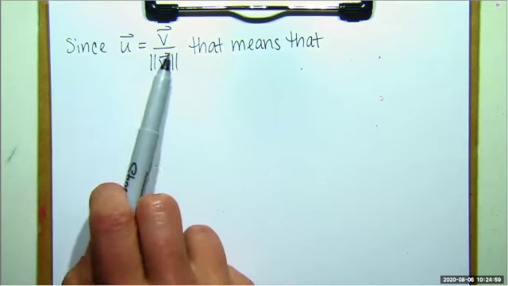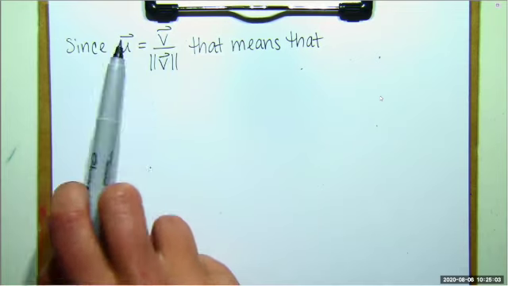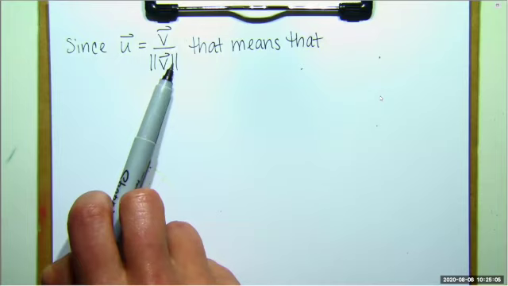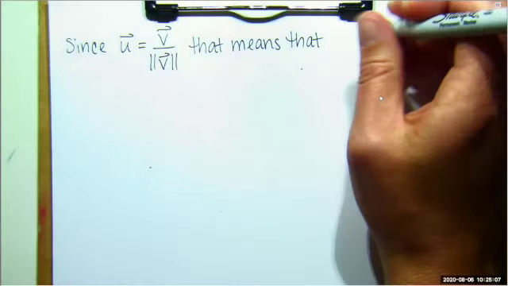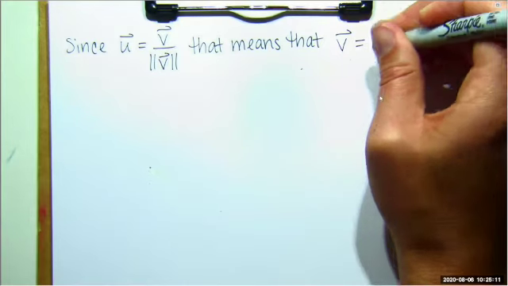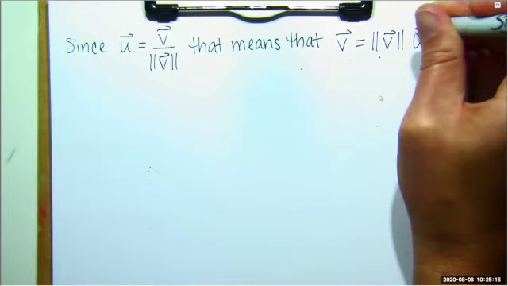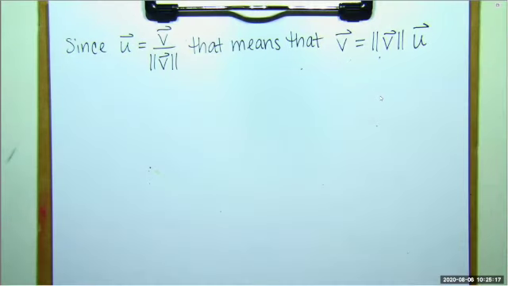A scalar is just a number. So in the last example, it was the number 5, which means we can multiply both sides of the equation by a scalar, right? We can multiply both sides by 5. So that means that a vector can be written as its magnitude times a unit vector in the same direction.